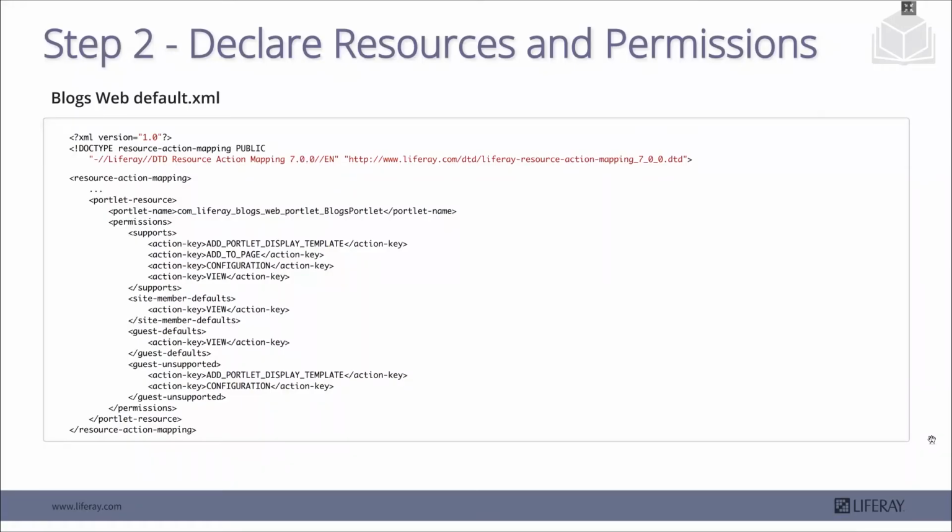So this is what default.xml looks like. We're basically saying, for this example, this is my portlet resource. These are the actions that you can perform on the portlet resource. We define a couple of defaults as well as some things that the guest role in this example cannot do. What's interesting is with the action keys, you can actually put whatever you want.